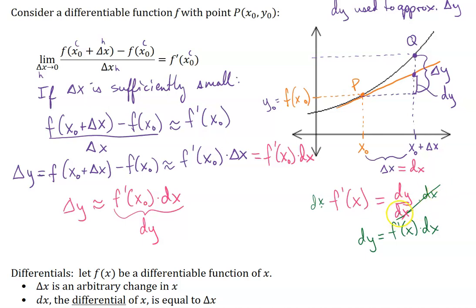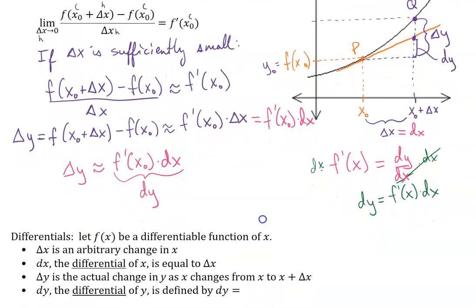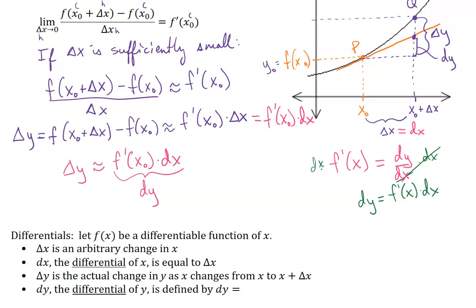Okay, so you see how we are able to break these apart. We haven't been splitting them before, but really they do represent something on their own. They represent that horizontal change or vertical change on the tangent line. Okay? All right, so let's summarize these terms and then do some examples, because I know this is kind of a lot of stuff together.